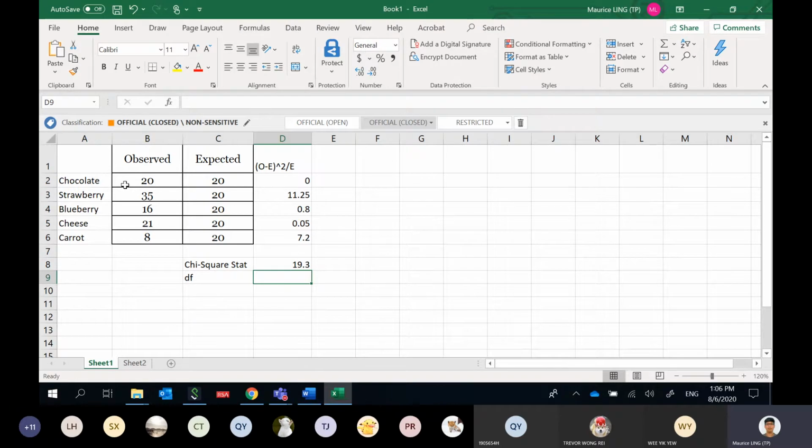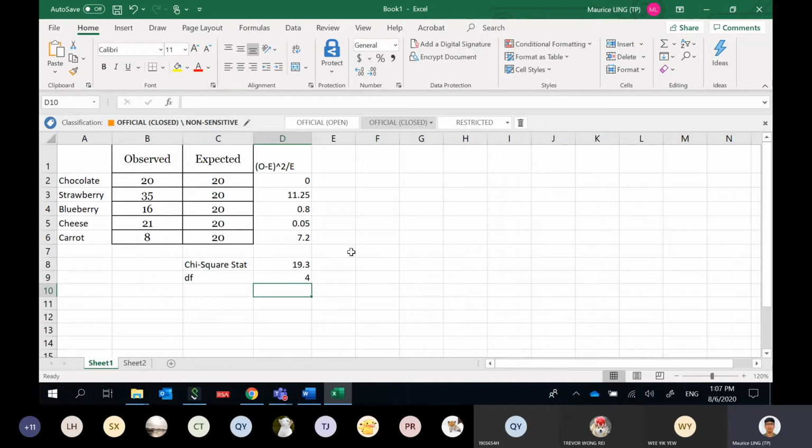No, degrees of freedom is the number of categories minus 1 for chi-square. So we have 5 categories. Degrees of freedom will be what? 4, correct. So degrees of freedom is 4.